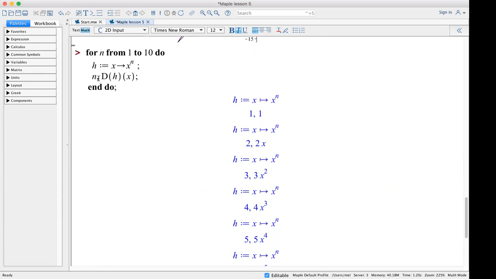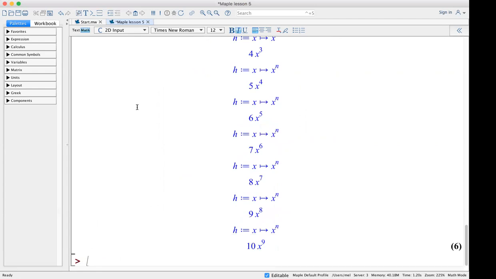In any case, here are the derivatives of the first 10 powers of x. So if you define a function, the derivative is just, in Maple, capital D.